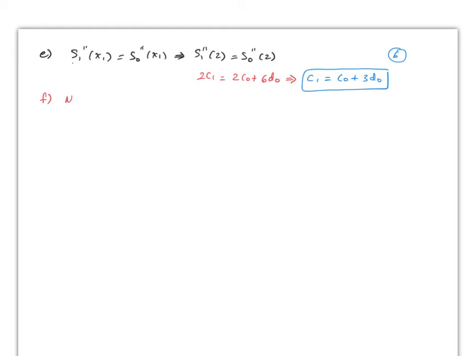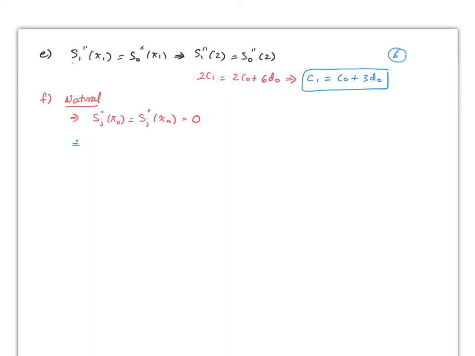Remember that we need to find the natural cubic spline, and natural means the second derivative at the first endpoint should be equal to the second derivative at the last endpoint, and it has to equal 0. So this will make life a lot easier.